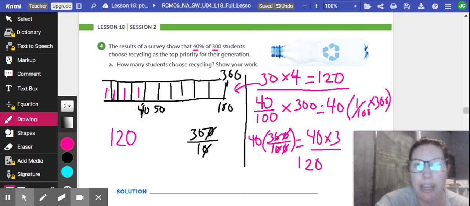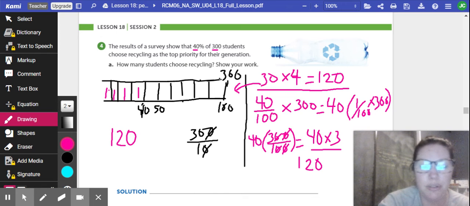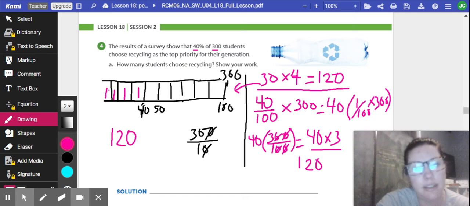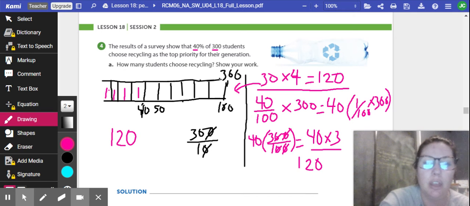So either way, you're still going to get the answer of 120 students, but it's just different ways to look at it. So either way works because you got the same answer. And whichever way you understand, absolutely do it that way. But hopefully you can see other ways on how to solve the problem. Okay, so 120 students choose recycling.